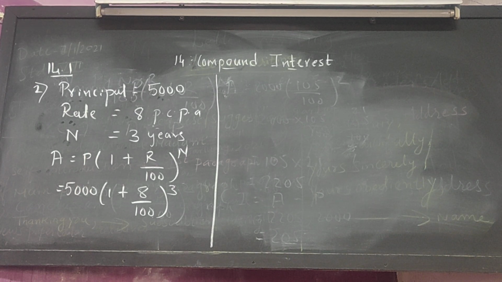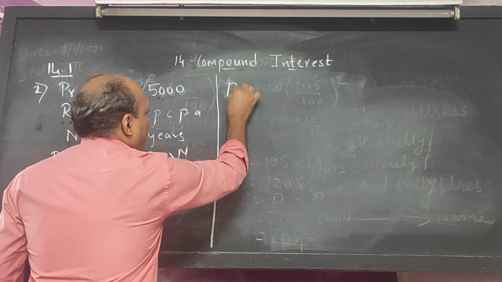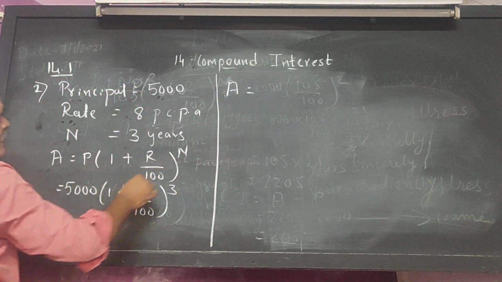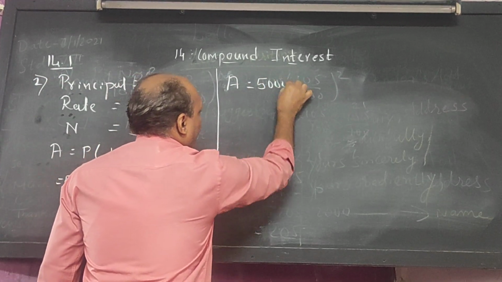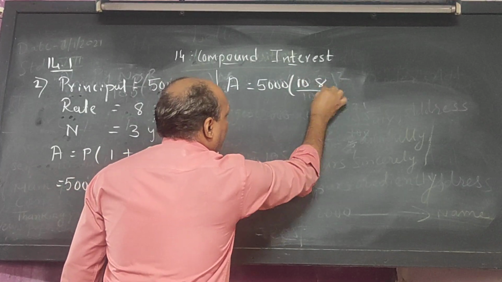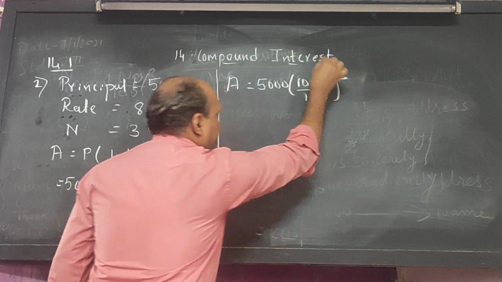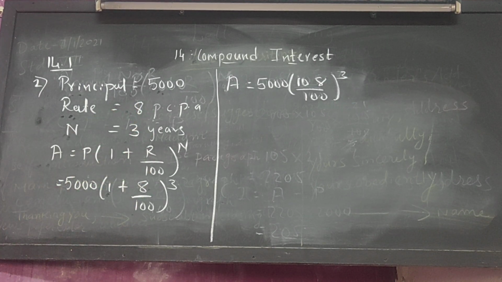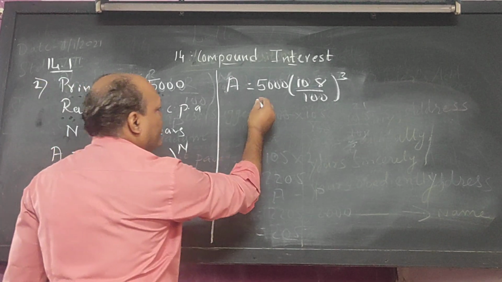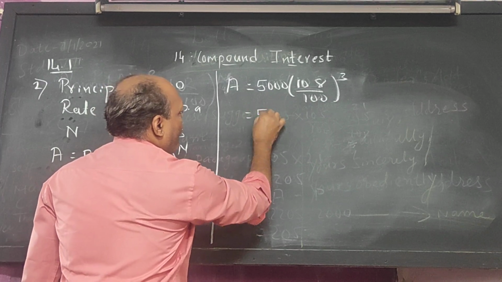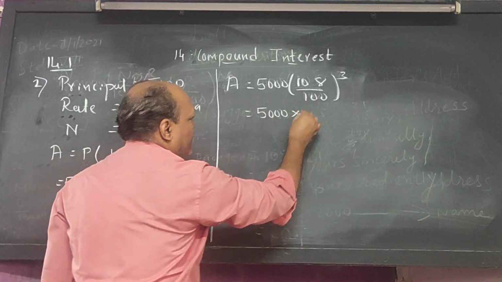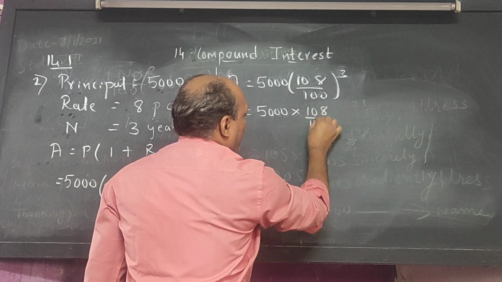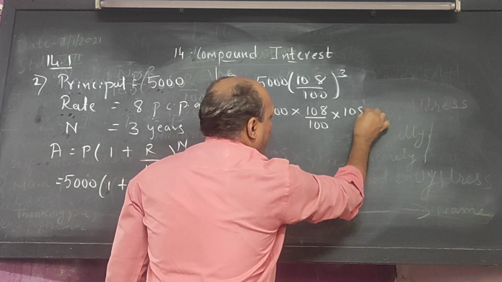It's similar to the first sum. Now go for the cross multiplication. Amount is equal to 5000 into 108 upon 100, cube. 100 plus 8 is 108 upon 100. Multiply 3 times because your cube is there.